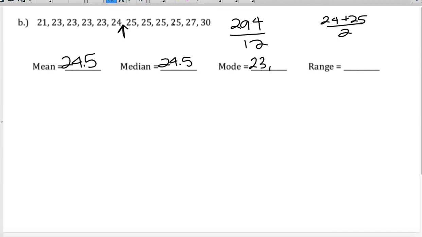I have 2 of them, 23 and 25. Now for my range, I need to take 30 minus 21, high minus low, and I'm getting a range of 9. So again, this was a quick rundown of basic statistics, and we'll use these in and out through the unit and have the opportunity to practice these throughout class.